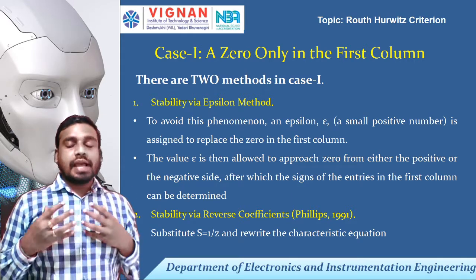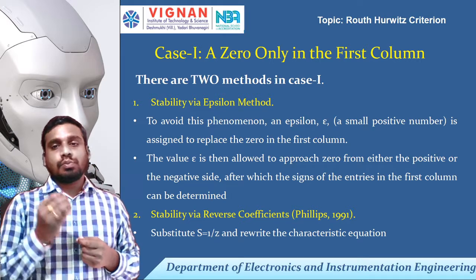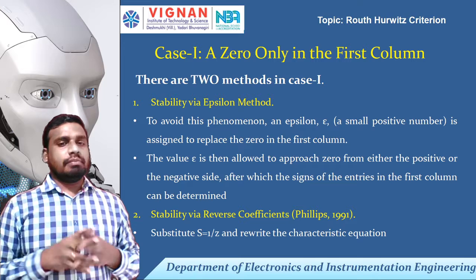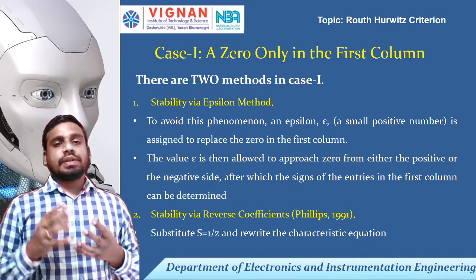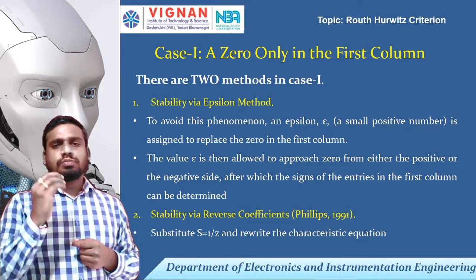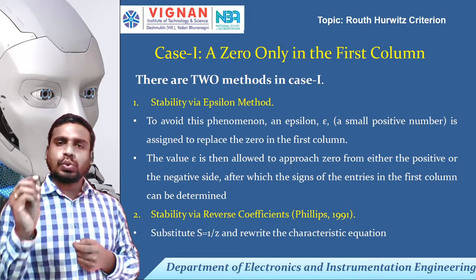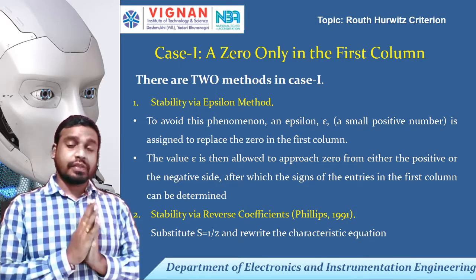Mathematically, epsilon is a small positive value. In mathematics, epsilon is represented as a small value. Usually the value of epsilon is given as 2.22 into 10 power minus 16.